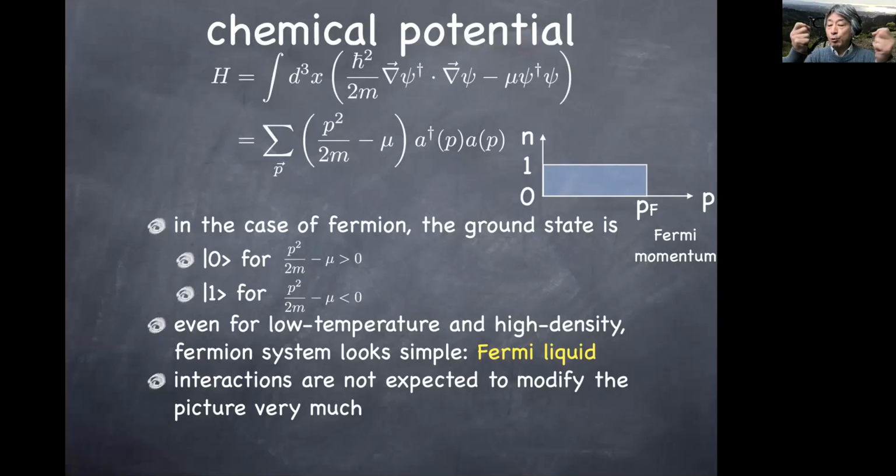And even if you include the Coulomb repulsion among electrons, implicitly you assumed that your description of putting electrons into individual orbitals still makes sense. Maybe your instructor didn't say it very explicitly, but you have actually secretly used this idea that interactions among fermions do not drastically change the picture of just occupying each state from the bottom to the number of particles. And that's the idea of Fermi liquid already.